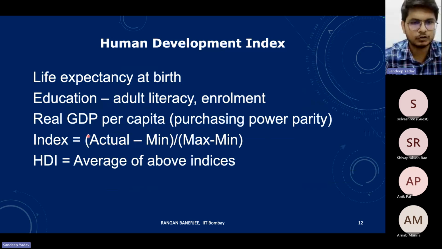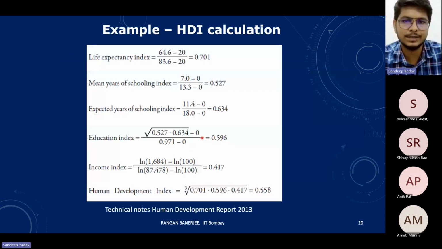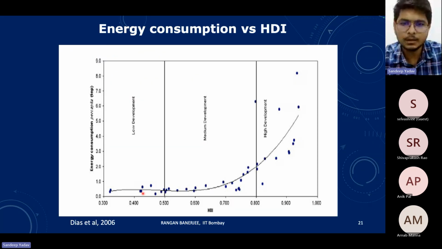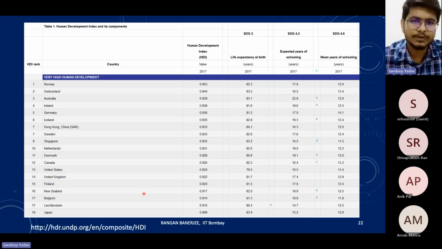In that way we can calculate the life expectancy index, education index, income index, and finally we calculate the human development index. If you already know these three indexes, we can directly calculate the human development index. So these are the different graphs, that is, energy consumption versus HDI. What are the factors that affect the human development index? Moving ahead.